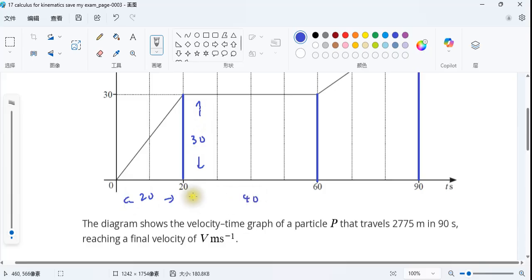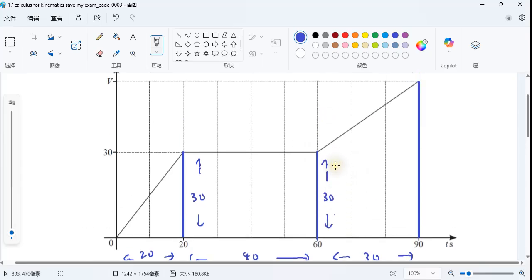Then this is 40, and then 30, then 30, and this one is v.